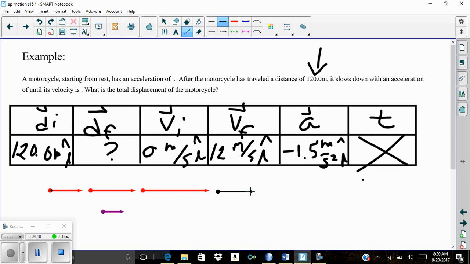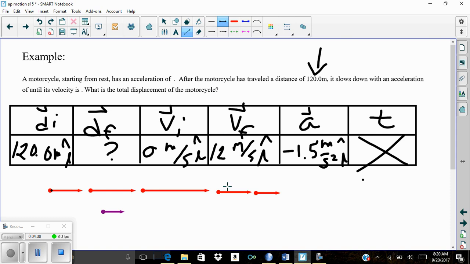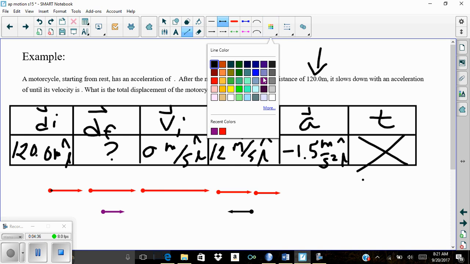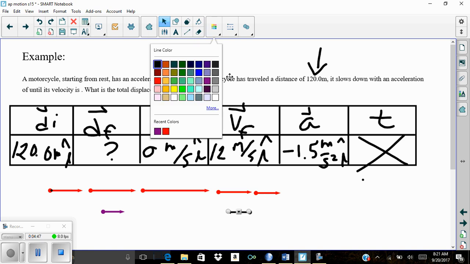So now they get smaller. We're going to make them red. And now we have a purple vector that goes in the opposite direction because we're slowing down. Let's make that purple.